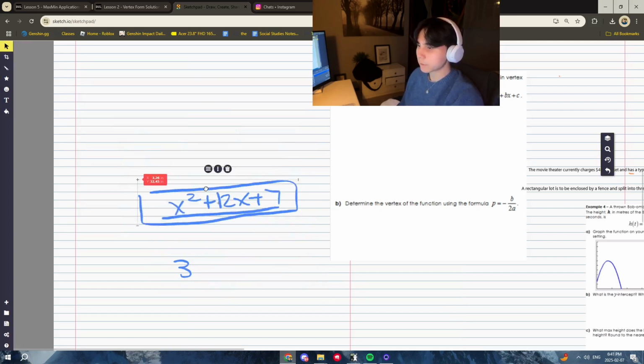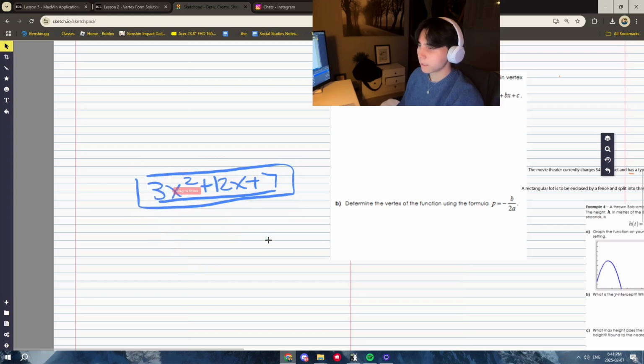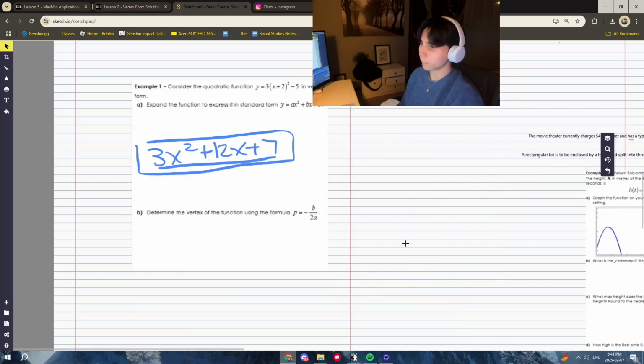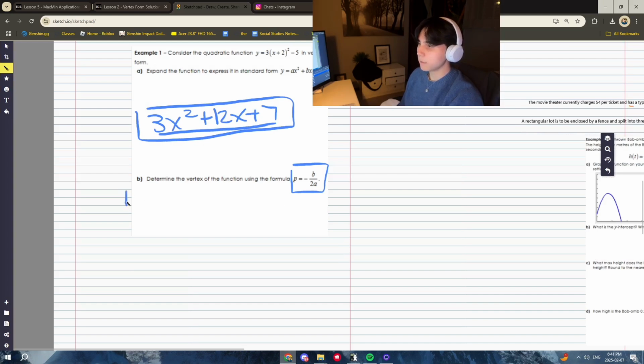So now that we've actually converted the line into standard form, we have to algebraically determine the vertex. The way we do that is we use p equals negative b over 2a. So our p value, or our x value of our vertex, is equal to negative b over 2a.